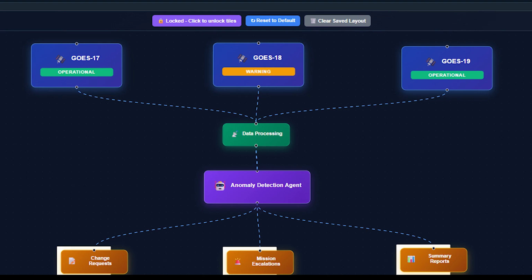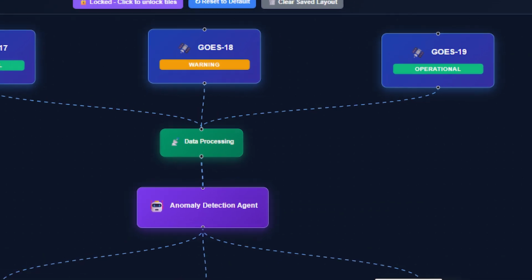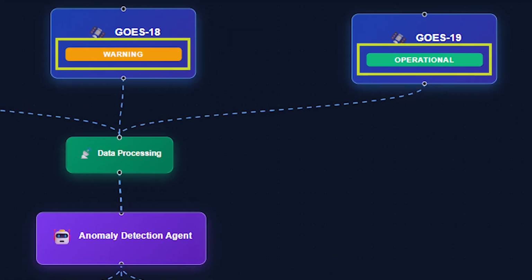Then build agent produced the base React component with layout containers and color state logic. So each tile displays a status from the satellite event table using mission ops conventions. For example, green was normal, yellow was warning, and red meant that there was some sort of anomaly to look at.